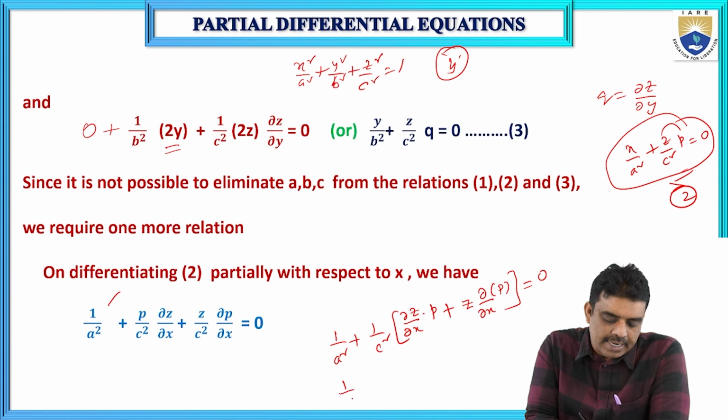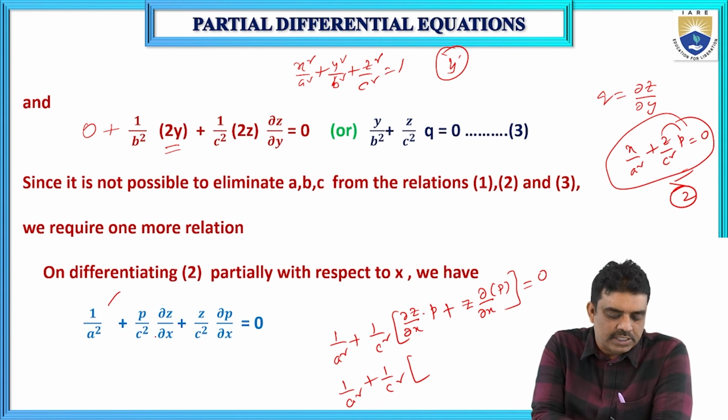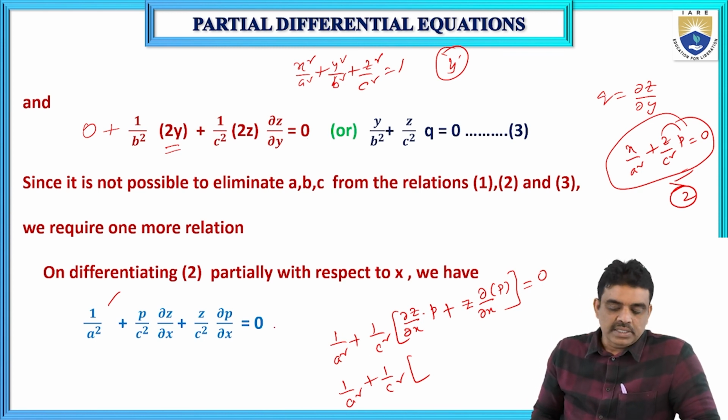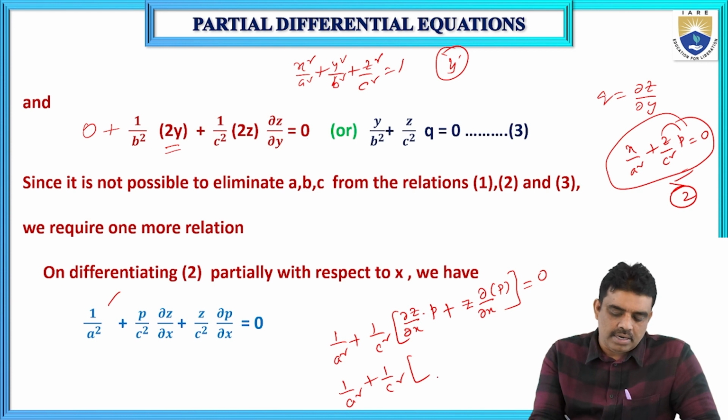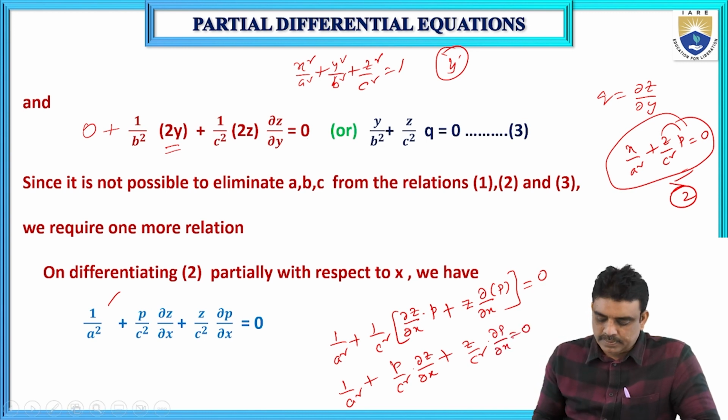Or I can write 1 by a square plus 1 by c square into p, that is dou z by dou x, p by c square dou z by dou x plus z by c square into dou p by dou x is equal to 0. That is the equation we have obtained. Already I have written here 1 by a square plus p by c square into dou z by dou x plus z by c square into dou p by dou x is equal to 0.